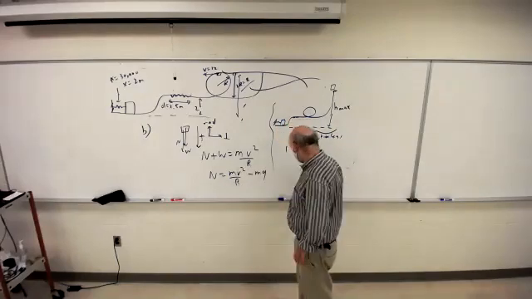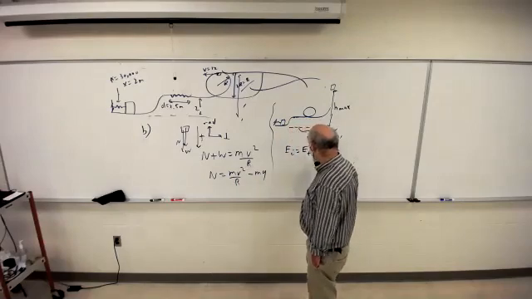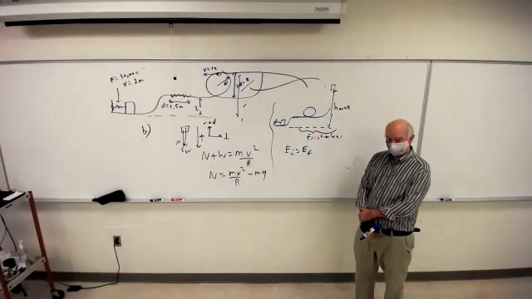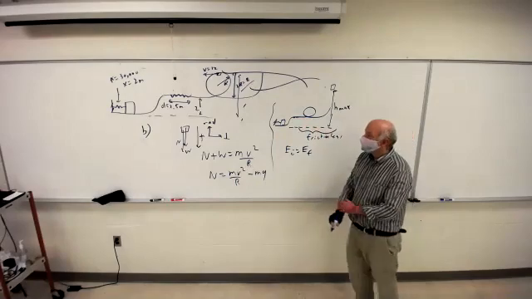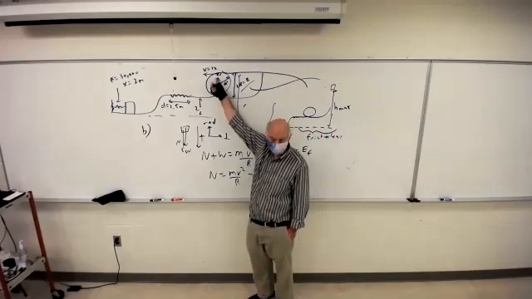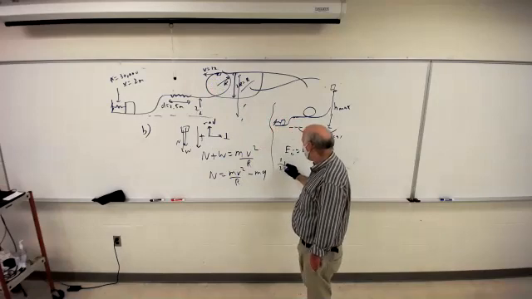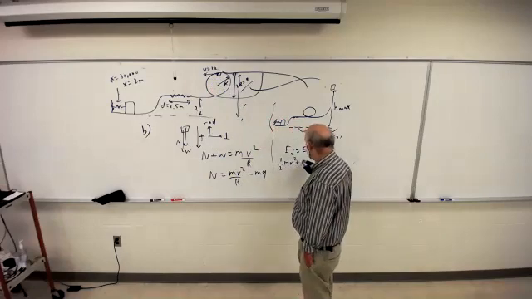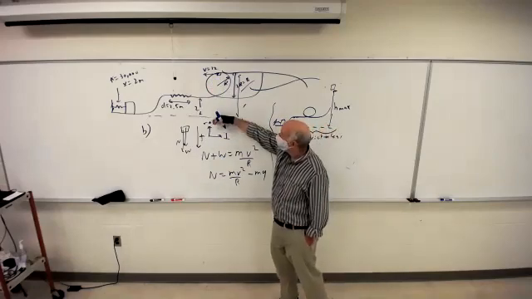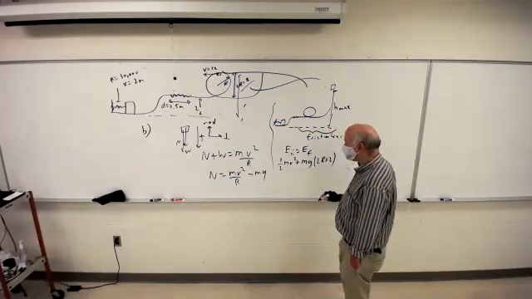Okay, so E initial equals E final. What's your initial energy? Kinetic plus potential. We're going to use this point here, because we have everything for it. That's the only reason why. So we have one-half mv squared plus mg times the height down to the bottom again, so this would become our 2r plus our 2, just like before.